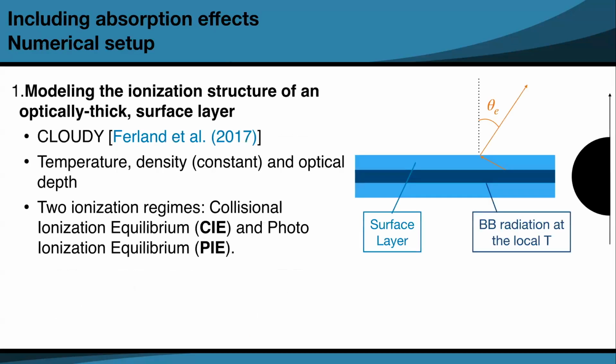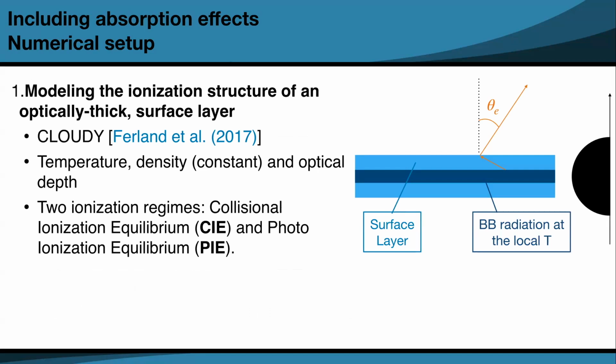And to do this, what we did is to assume a surface layer, so basically an atmosphere located on top of the accretion disk. And we modeled the ionization structure of this atmosphere with the photoionization code Cloudy, and basically the properties of the atmosphere are only determined by the temperature, the density, and the optical depth of this layer.